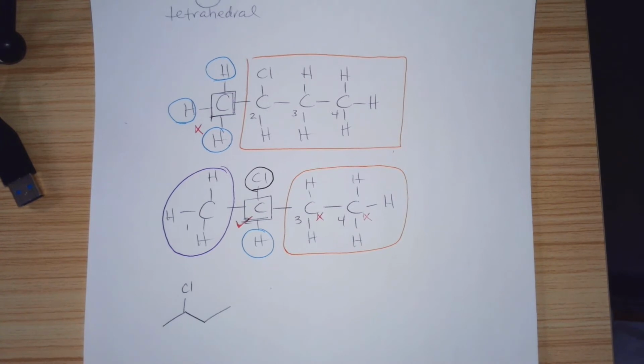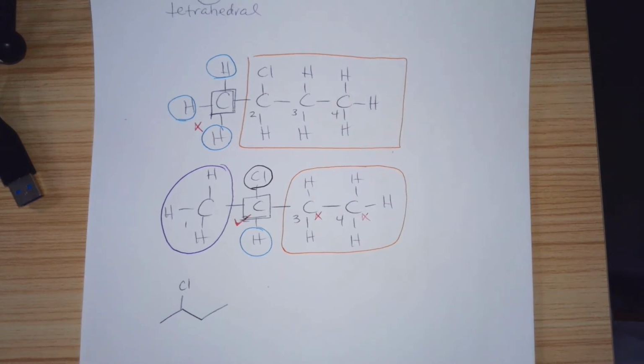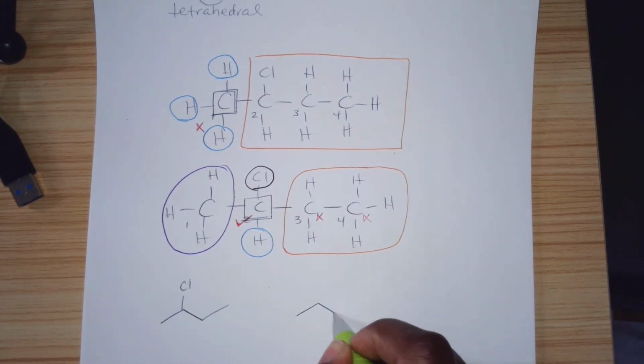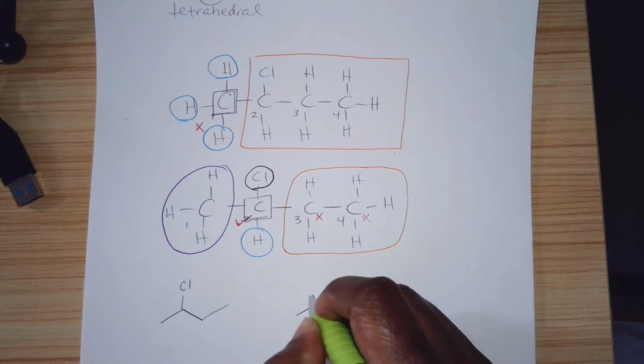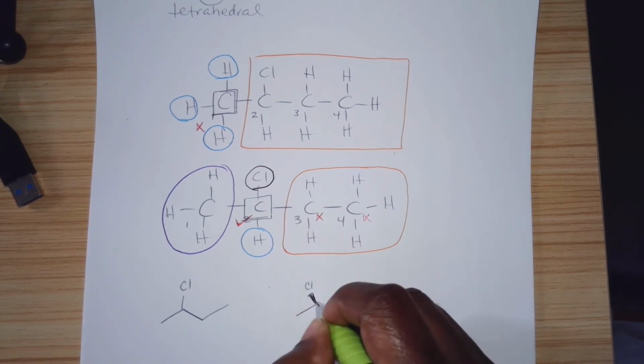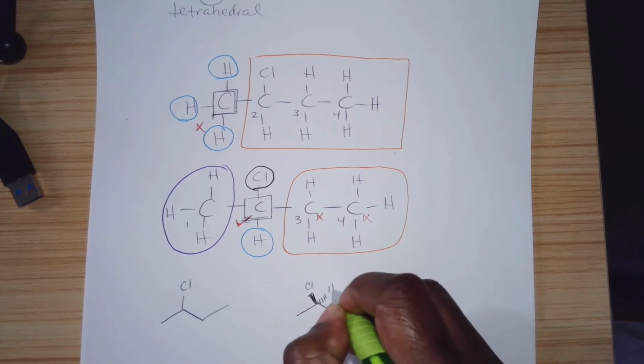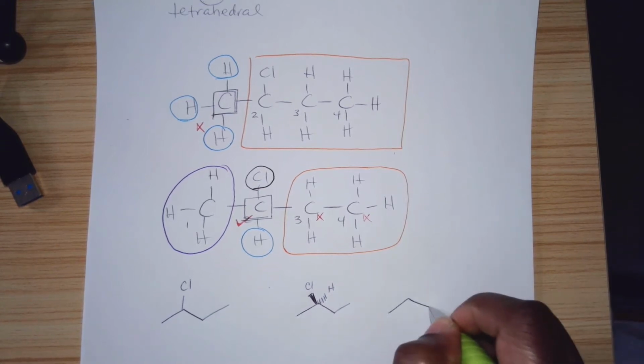However, knowing that we have a chiral center means that I can now indicate the 3-dimensional arrangement. I can indicate that that chlorine is either coming towards me, and so I can show that as a solid wedge, meaning that the hydrogen will be going away, or it could have been the opposite way.